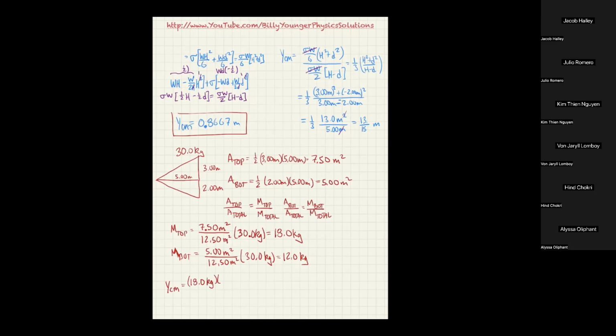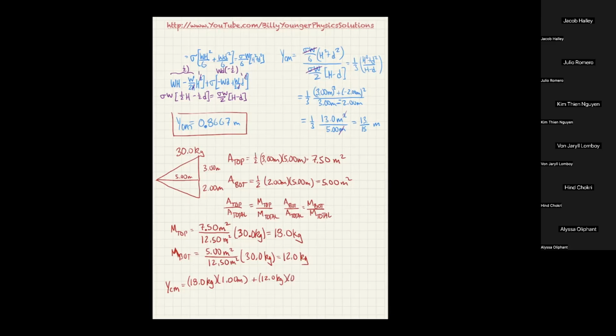So 2/3 of that would be 2 meters down, which is 1 meter up. So I'm going to call that 1.00 meters. And then the other one is 12.0 kilograms times, now this guy, I need to go 2/3 of the way from the bottom up. That's also 1/3 of the way down. So 1/3 of 2 would be 0.666.